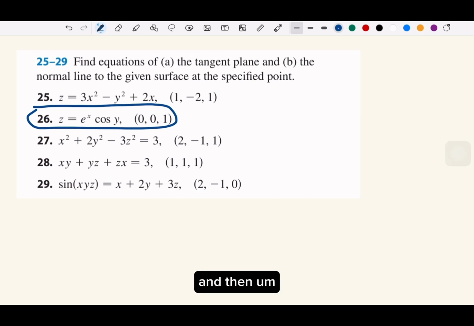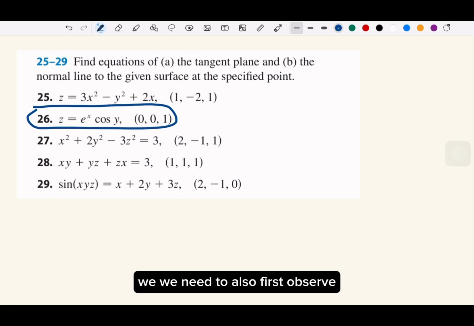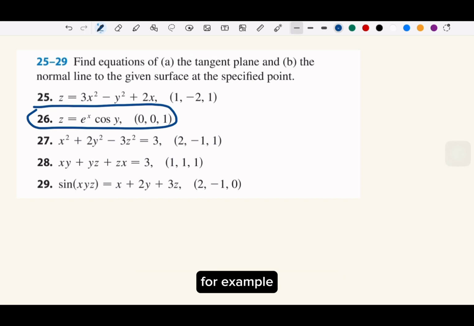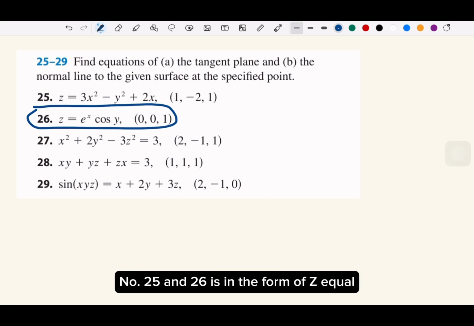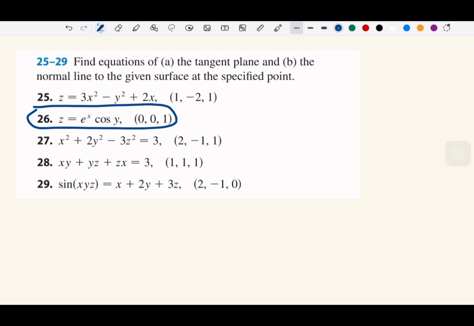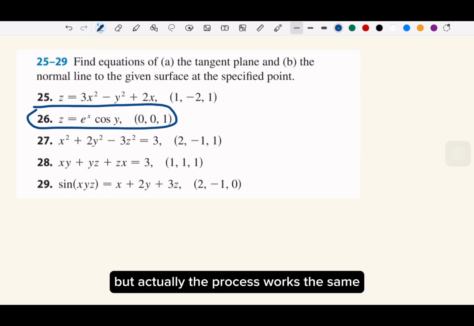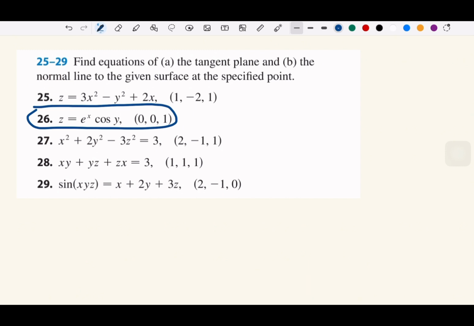We also need to first observe: if you see the other questions, for example number 25 and 26, they are in the form of z equals a function of 2 variables. But the other 3 have 3 variables. But actually, the process works the same. So you need to find the partials first. Partial x, partial y, and if you have 3 variables, also partial z.